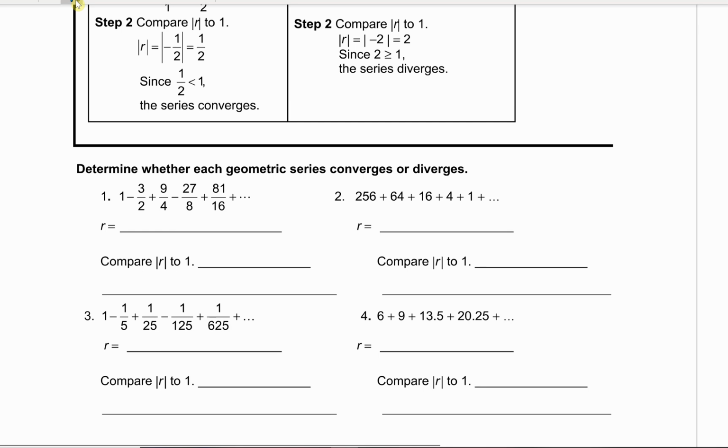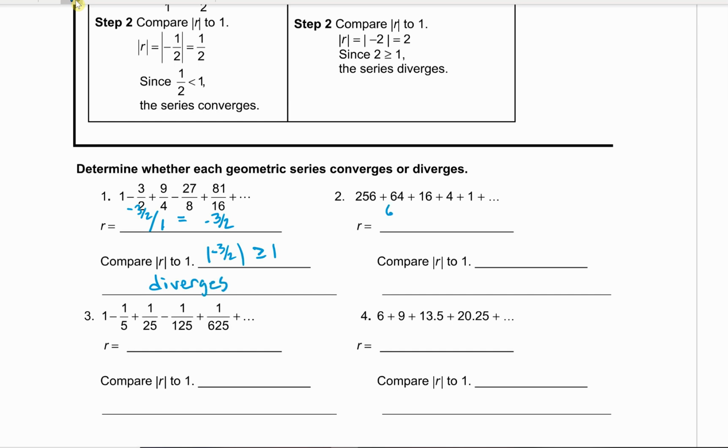So let's take a look. To find the ratio here, it's going to be, let's see, -3/2 divided by 1. That's -3/2. So the absolute value of -3/2 is greater than or equal to 1. So this guy diverges.